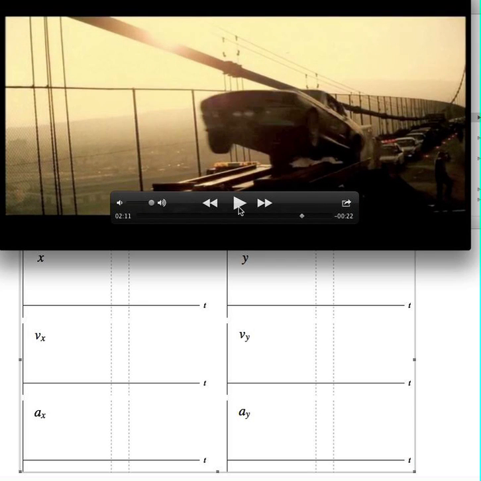Now from this point, we looked at this in class. He had an initial velocity coming along the road. For a very short period of time, he was on the ramp. Then after the ramp, the vehicle's in projectile motion.